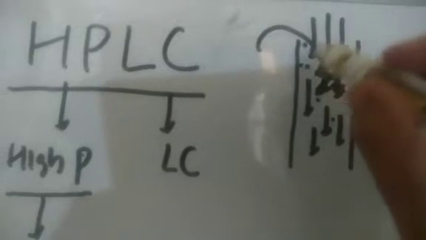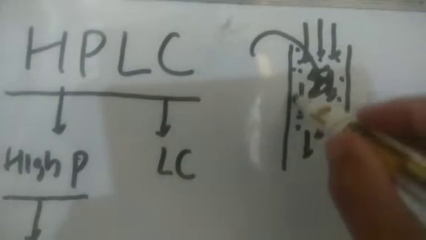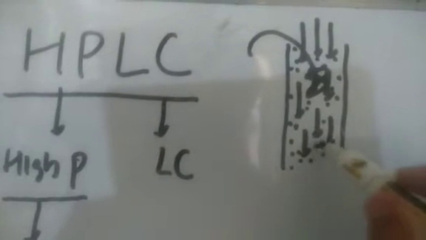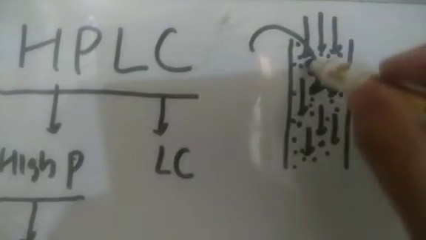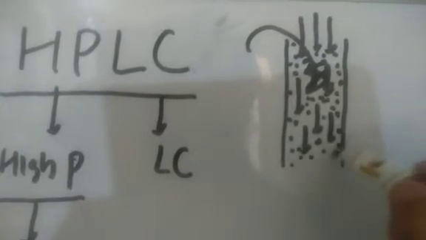Number two, जो दूसरा डिफरेंस होता है कंपेयर टू कॉलम क्रोमेटोग्राफी, इट इज दैट कि जो स्टेशनरी फेज हमने कहा था कॉलम क्रोमेटोग्राफी में, स्टेशनरी फेज इज usually the silica particle, silica gel, or the alumina. Now in this case we have much smaller size of the particles. The particle size is smaller, very important.